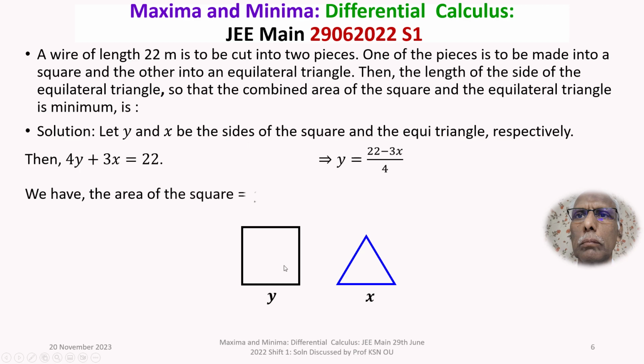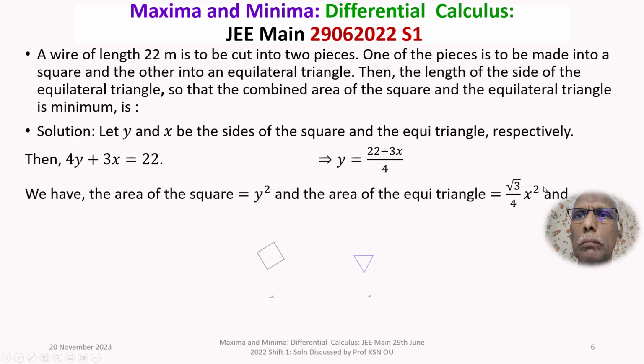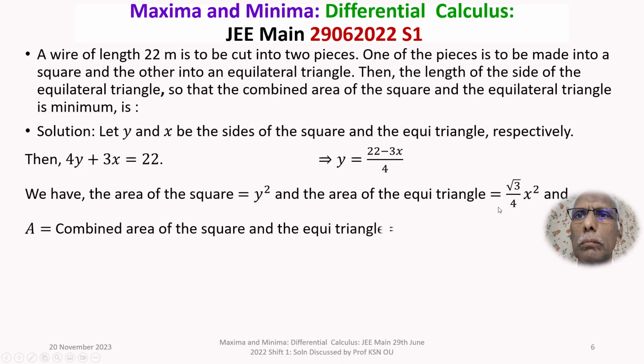We have the area of the square is y square and the area of the equilateral triangle is root 3 by 4 x square. Then the combined area, capital A, is given by y square plus root 3 by 4 x square.